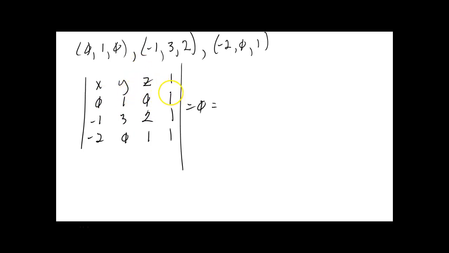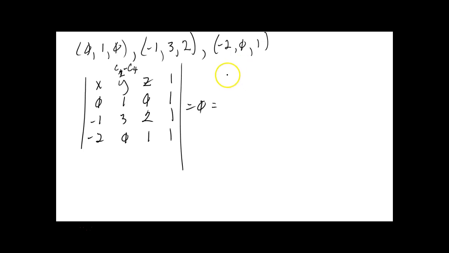We're going to keep this one and subtract, how would we do that? This will be column 2 minus column 4. That will do it. Column 2 minus column 4.